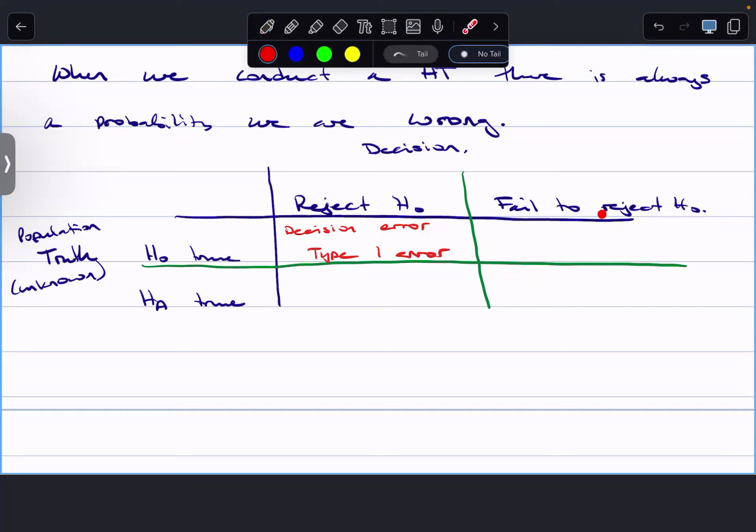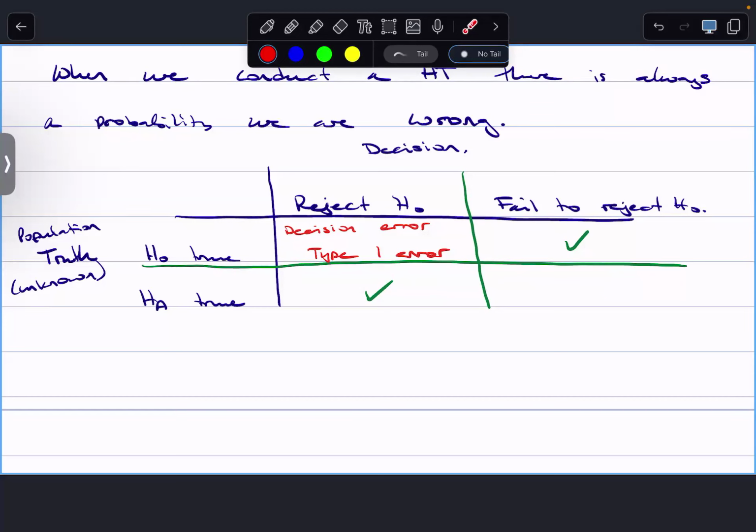If I fail to reject H naught, which means that I'm just going to keep it, and H naught is true, well, that's a good thing. That's not a decision error. That's fine. What if I've rejected H naught and the alternative is true? Well, that's also fine. What if I fail to reject H naught when it's false? So H naught is false or HA is true.